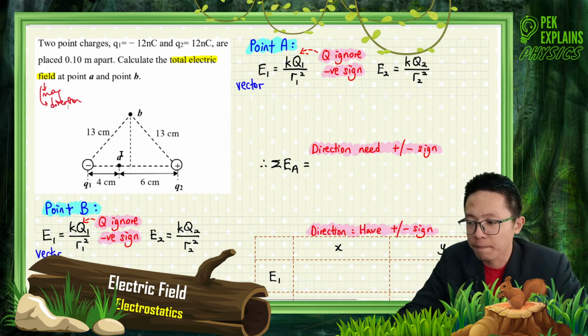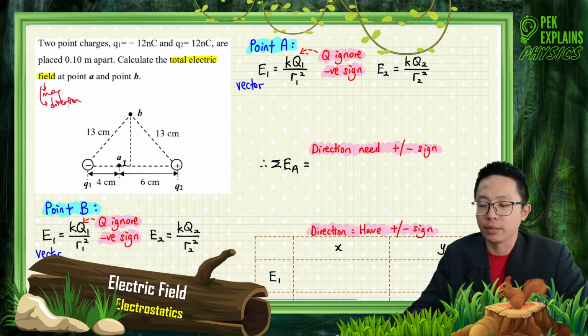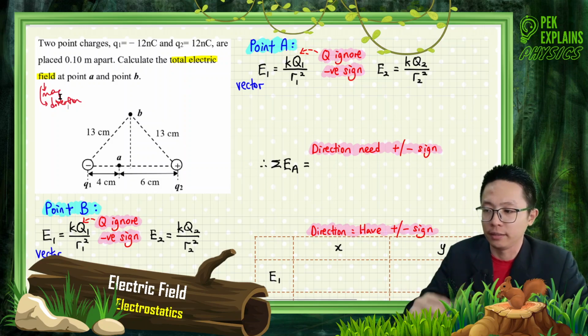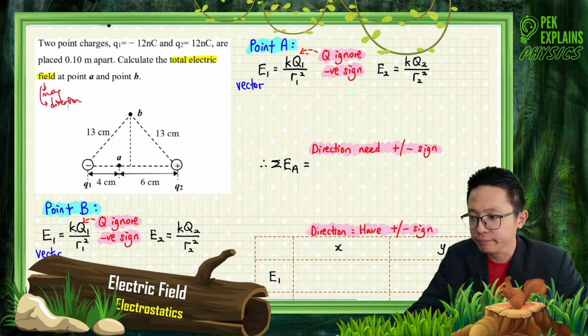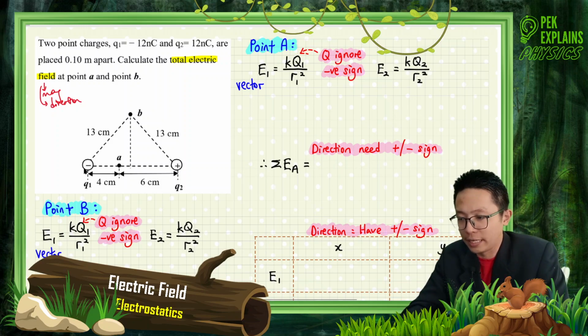So on A, let us draw the vector diagram first, because electric field is a vector. On A, electric field depends only on the point charges, because it is the point charge that provides the electric field. So at point A, the electric field provided by Q1 is towards the negative charge.